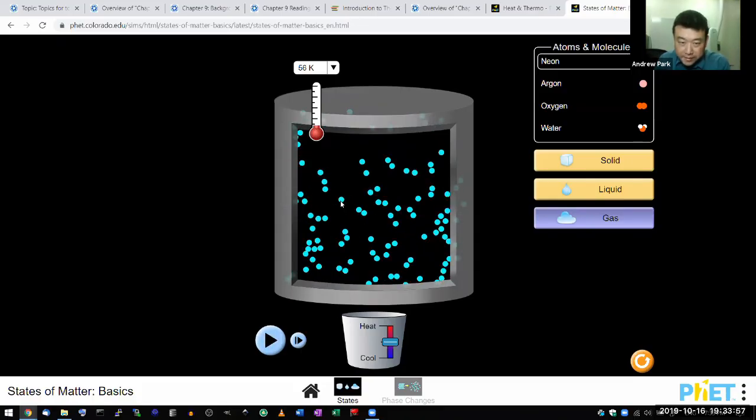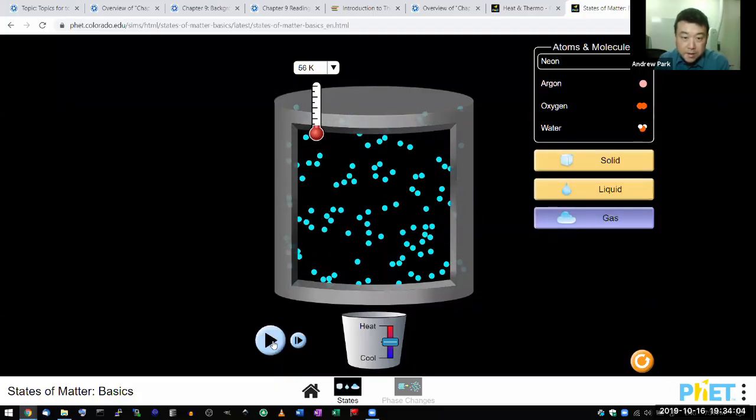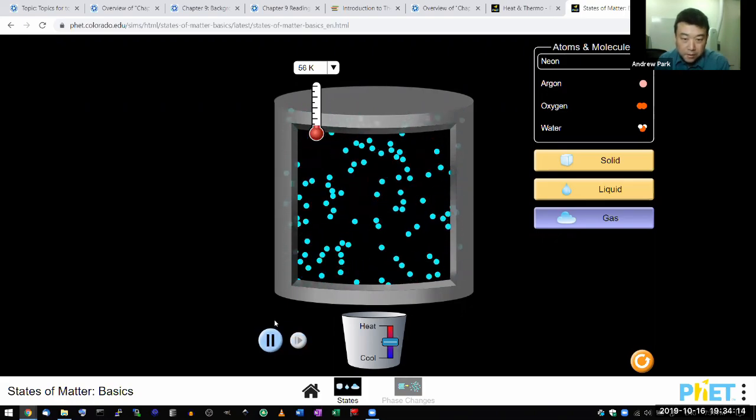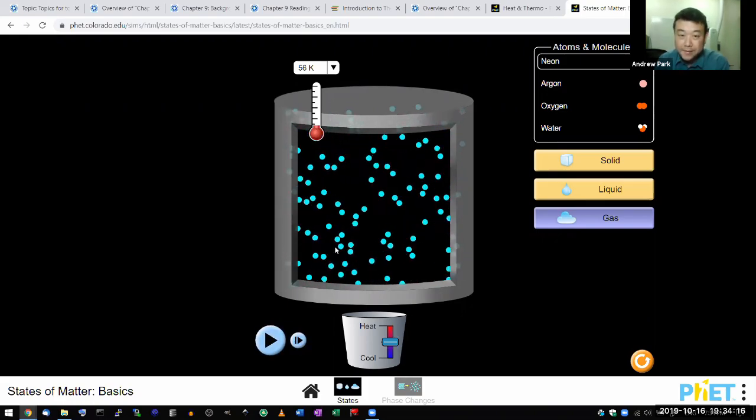Let's say you are tracking this neon atom, and just watch it for about a second or so. Let's look at this neon atom. It seems far enough from other things. Okay, it took about a second before that neon atom collided with another neon atom and changed direction.